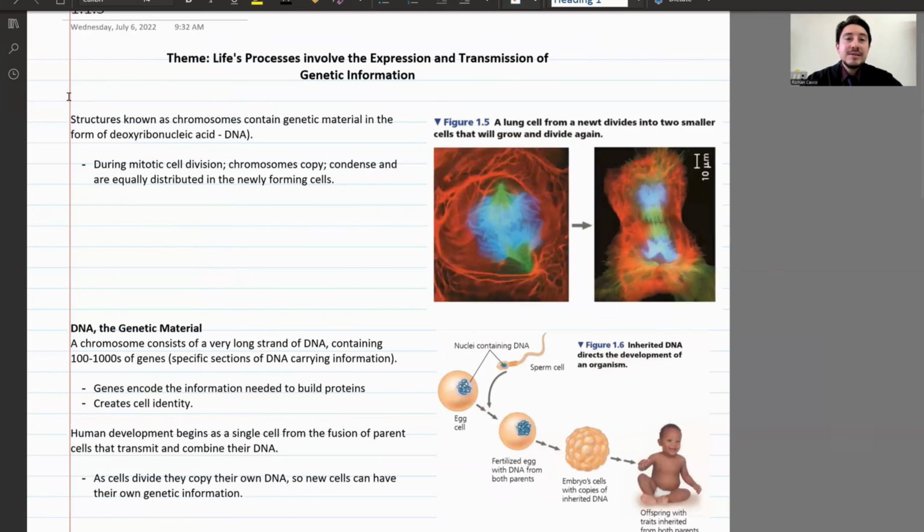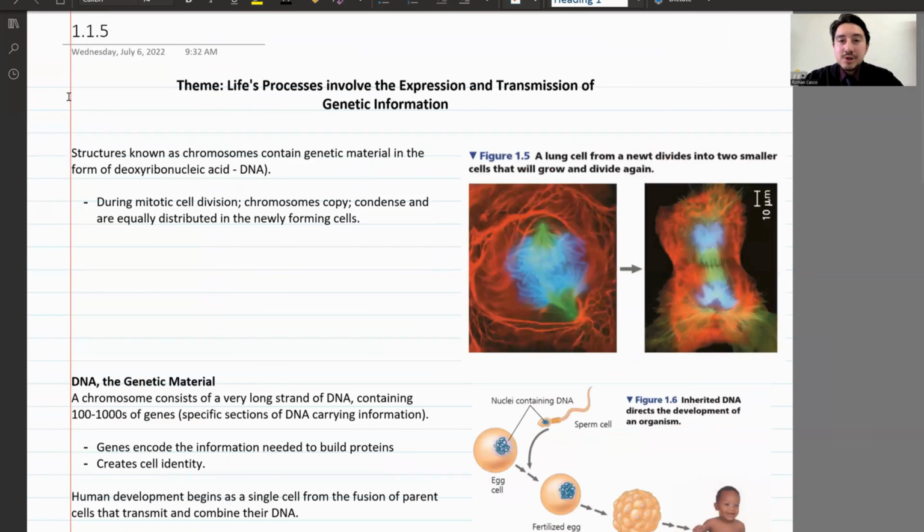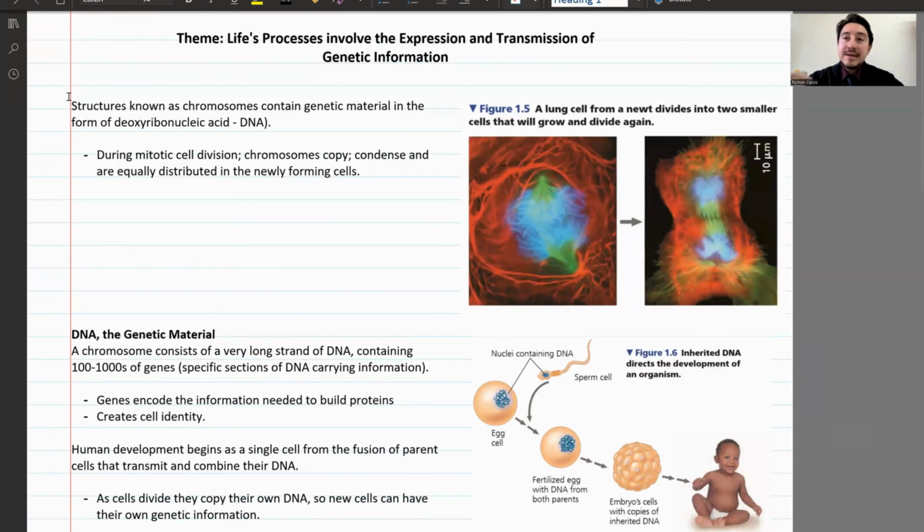All right, going to the next theme. Life processes involve the expression and transmission of genetic information. So this is another key element of life: having genetic information, having DNA, and expressing the information contained in that DNA to produce proteins to make the organism function properly.